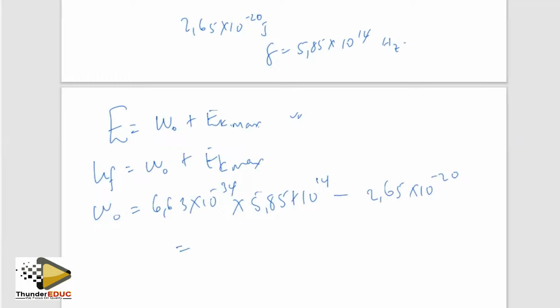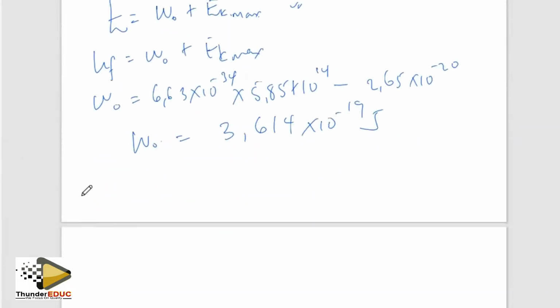We are multiplying by 5,85 times 10 to the 14. Okay, so I'm ending up with 3,614 times 10 to the negative 19 joules. So that is my W naught.